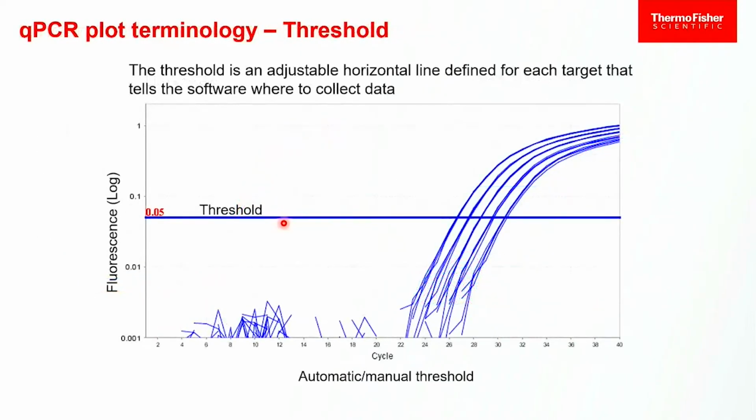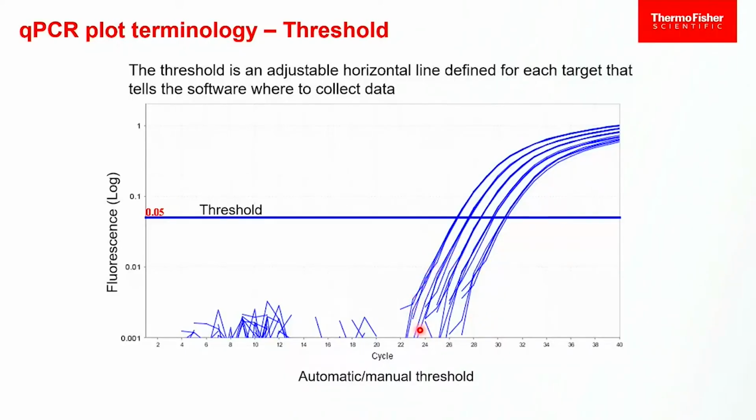After that, if it doesn't look right and you want to change it, you need to have your threshold above the variability of your background, which is here. This is a log scale, so this really represents a small amount of material, a little bit of amplification. You want your threshold above the variability of the assay. You can see here, this is pretty variable.